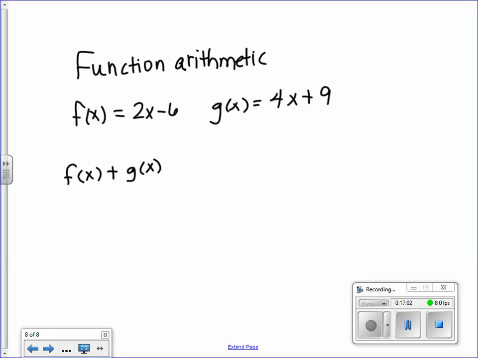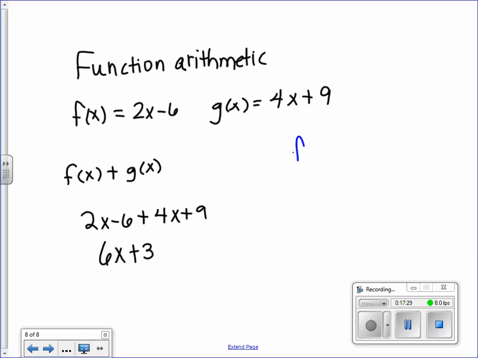Just add them together. Simplify. That would be 6x plus 3. If you needed to subtract them, you would subtract them. If you needed to add them, you would add them. If you needed to divide, you would just divide. It's not a big deal. It's really easy. Okay?